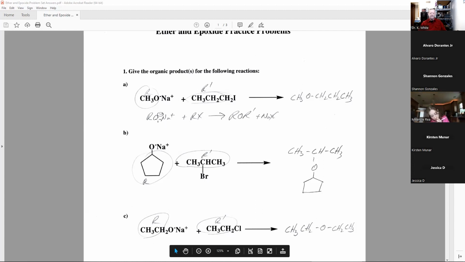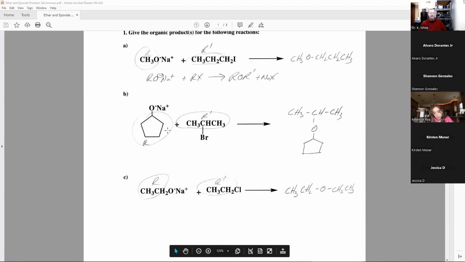Remember, the oxygen OR minus bonds to the carbon with the halogen, in this case the end carbon of 3. So you don't break carbon-carbon single bonds. R methyl, oxygen, R prime propyl, but it's to the end carbon.